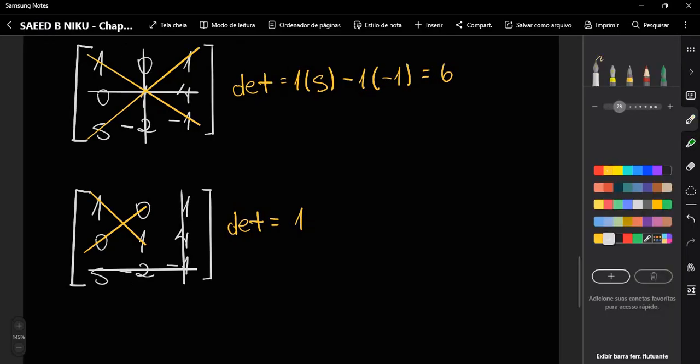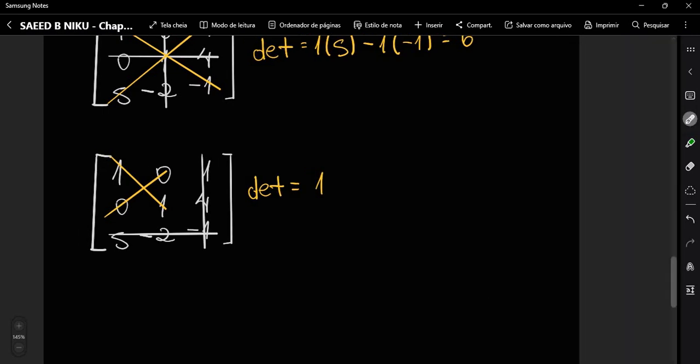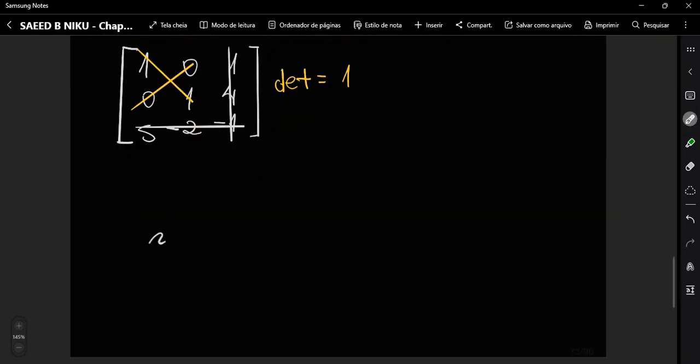So now we have our adjoint matrix. So we find the minors, and the minors compose the adjoint matrix. So the adjoint matrix is the same as the transpose of the minors.